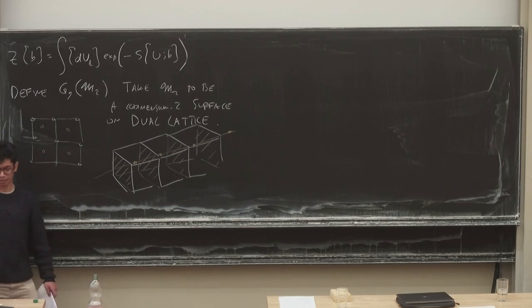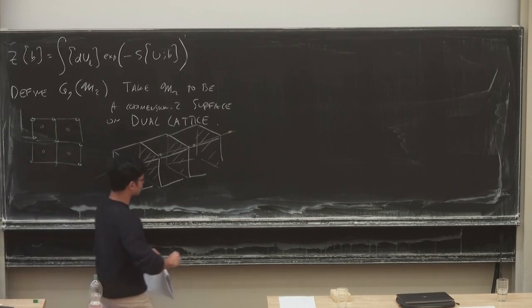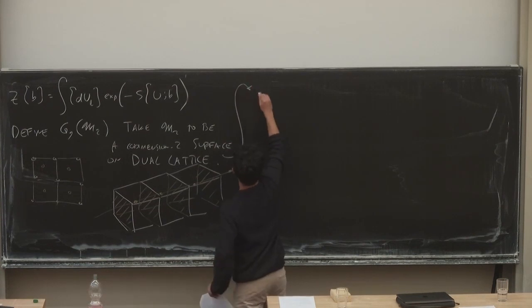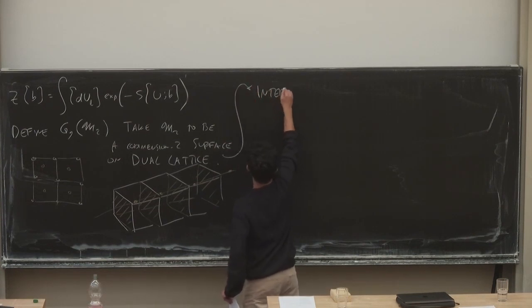You can see that. So the point is a codimension 2 surface on the dual lattice in any dimension always intersects plaquettes of the original lattice.